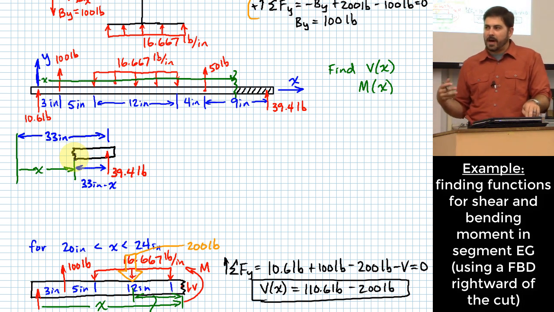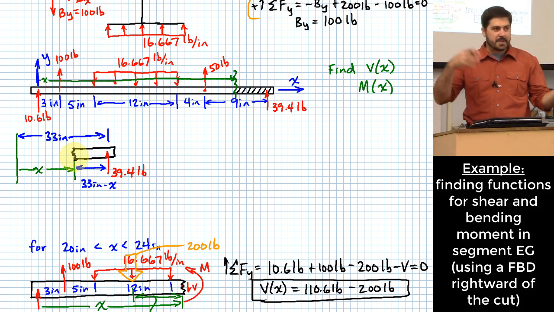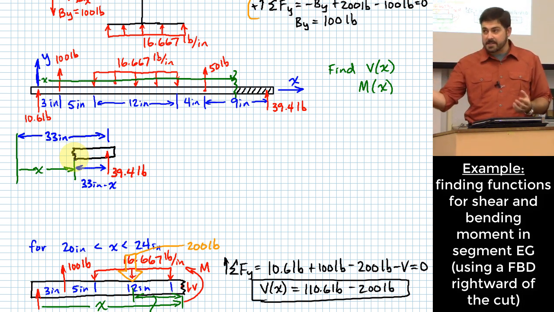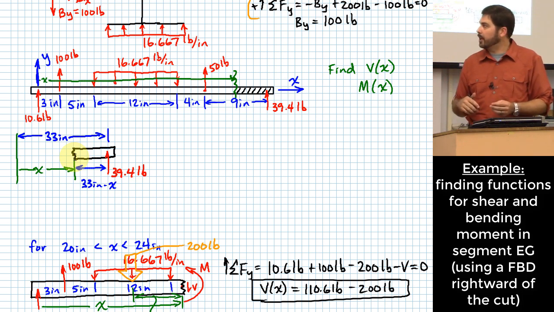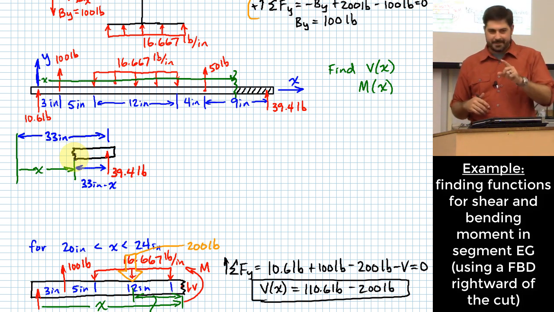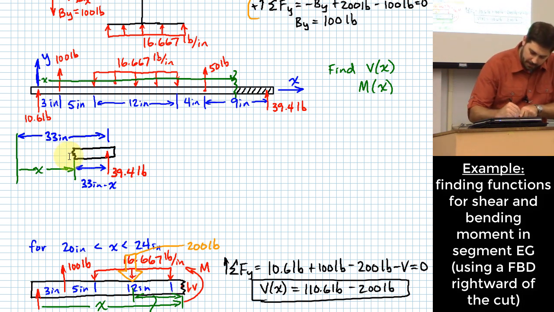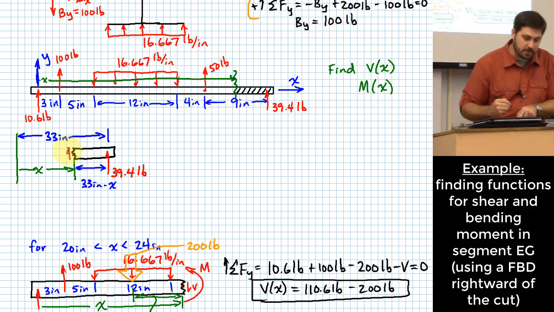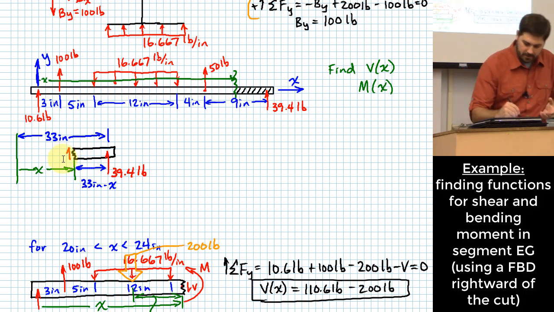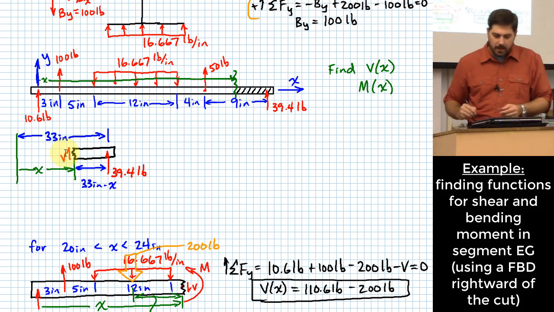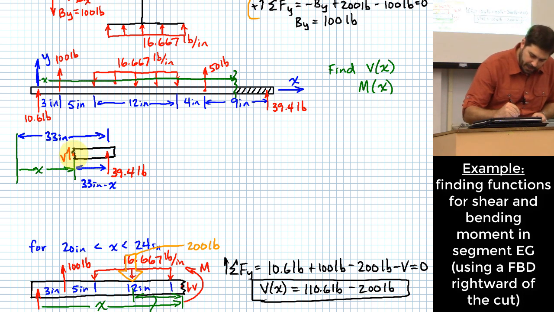I have to use positive sign convention whether I'm doing the left side or the right side. If I'm doing the right side, what does positive sign convention look like? Opposite of what I was doing on the left side, right? So where I used a downward V, up here I need to use an upward V to assume positive sign convention. And what do I need to do for my moment to assume positive sign convention? A clockwise M.